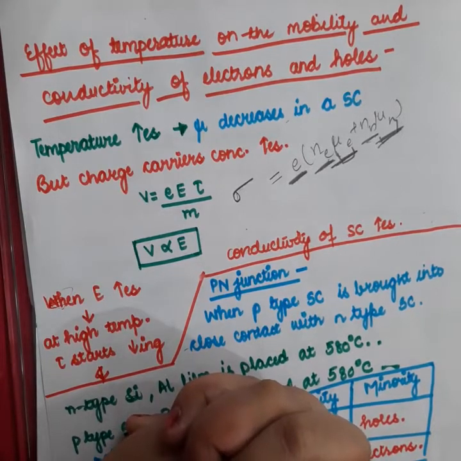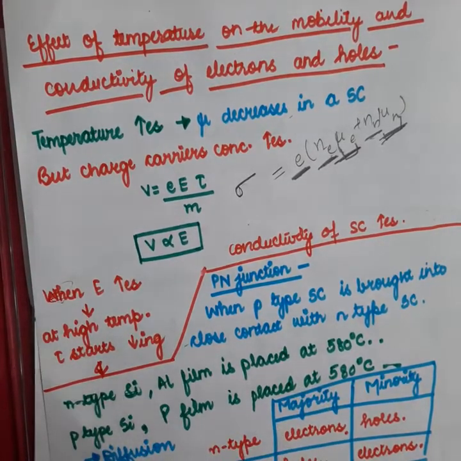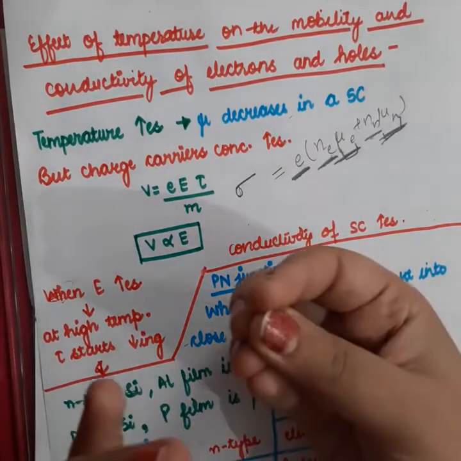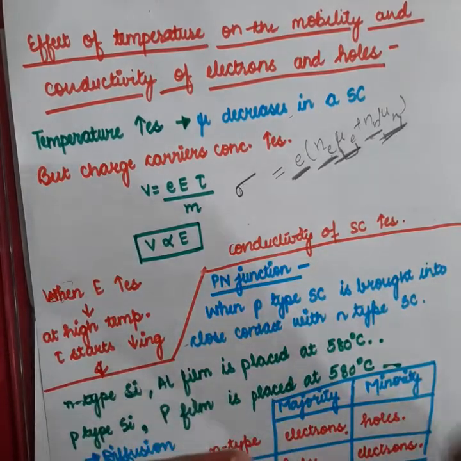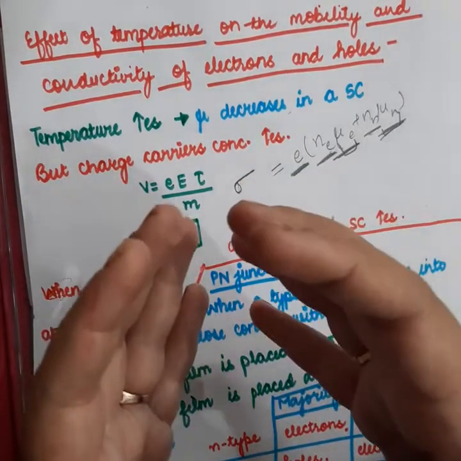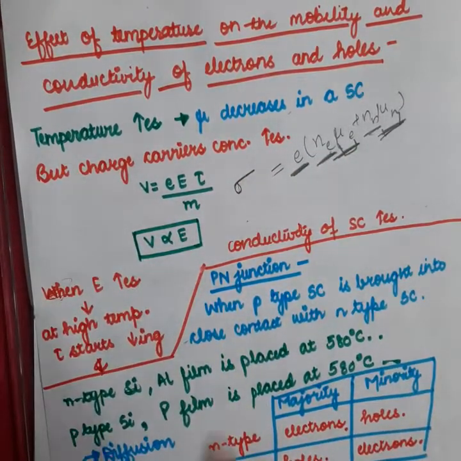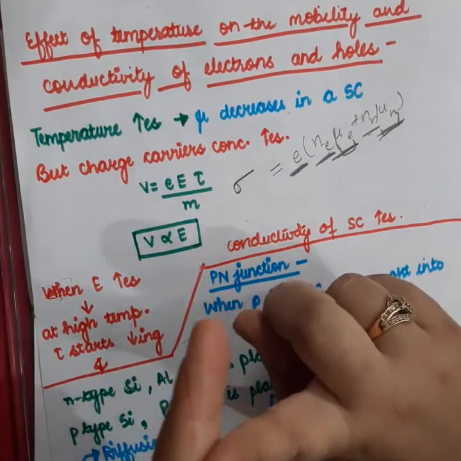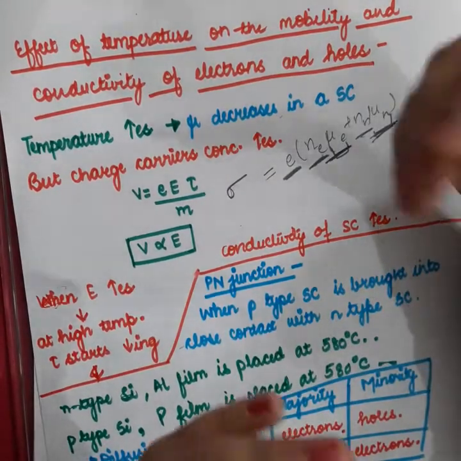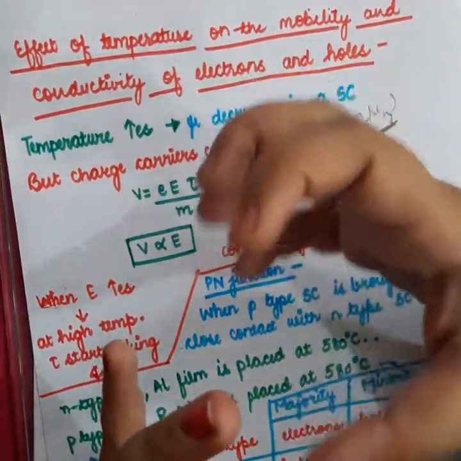See, the number densities in case of a metal are already fixed. There are no covalent bonds which would be broken once you increase the temperature. So in a metal, when the temperature is increased, the lattice begins to vibrate.